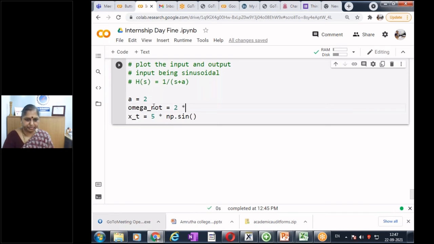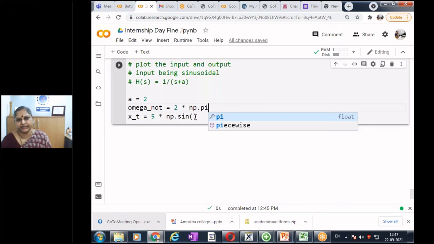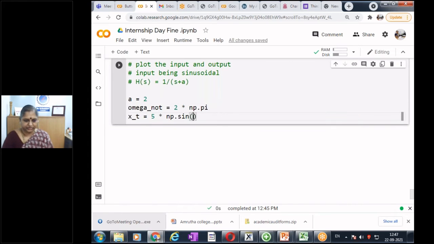Omega naught is 2 pi times np dot pi. So my input signal is 5 sine omega naught, multiplied by time, and I need to define time also.